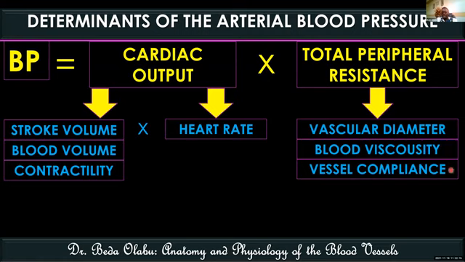I want us to also understand that vessel compliance is also an important parameter that contributes to vascular diameter. And this is actually where age comes in. Vessels are supposed to be compliant, which means the ability to distend and go back when that pressure has gone.